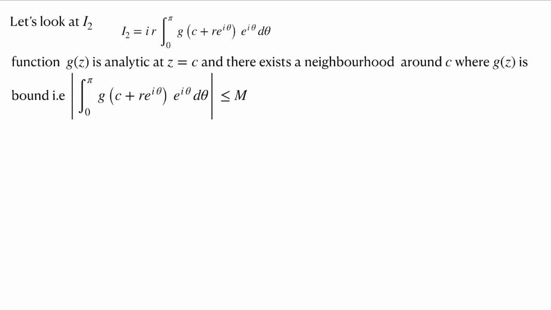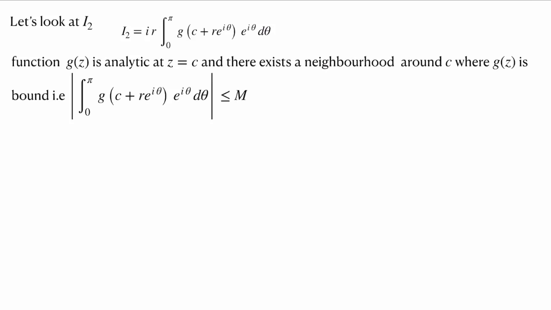If the function blows up, then it can't be analytic in that neighborhood. So this essentially reflects as the existence of an upper bound for the function in a small neighborhood if it is analytic at a point z is equal to z0.